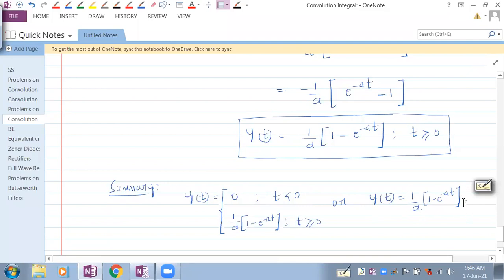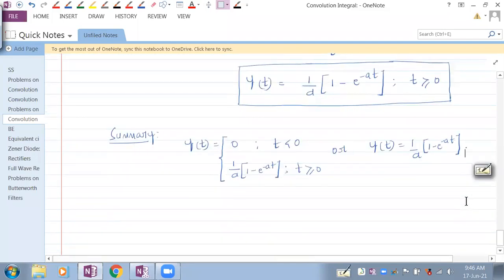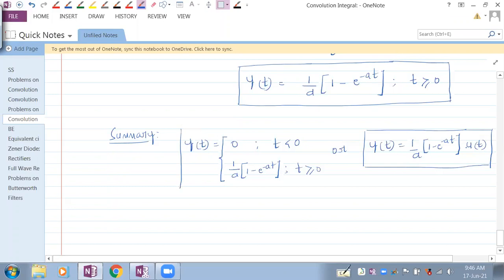So you multiply this by u of t, because u of t is 1 from 0 to infinity. You can represent your answer in any of these forms. This is the convolution integral that we were supposed to obtain. Let's move on to the next problem now.